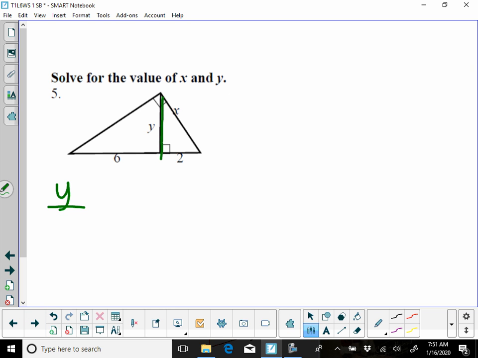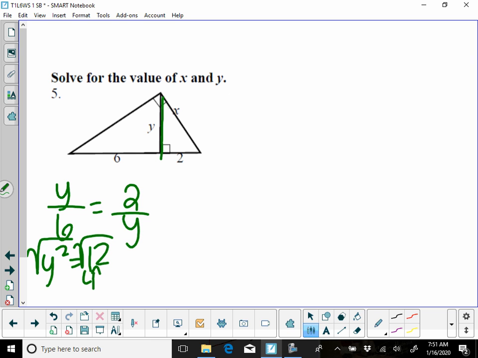So height up, height down, segment 1, then segment 2. So segment 1 here is going to be 6, and segment 2 is going to be 2. Cross multiply, so y squared is equal to 12, and then break down 12 whenever you take the square root, and y is going to equal 2 square root of 3.